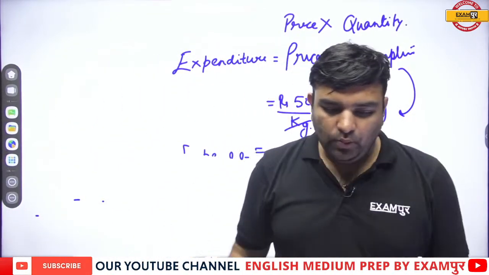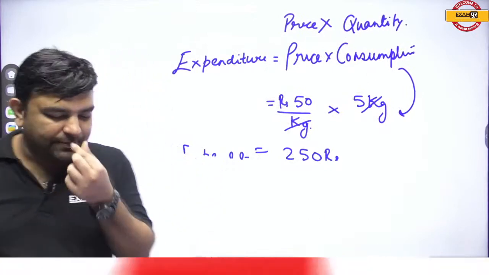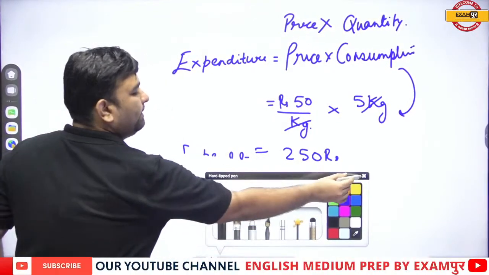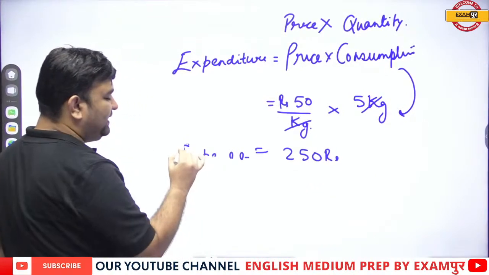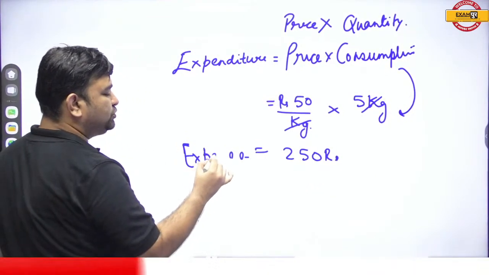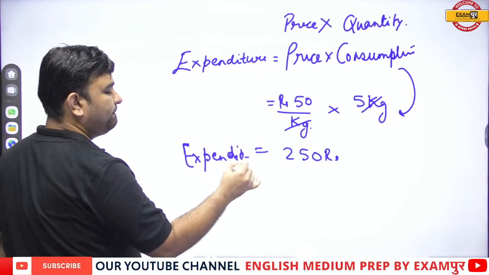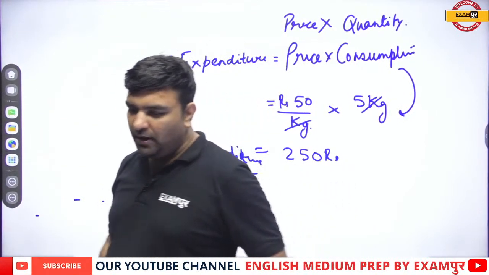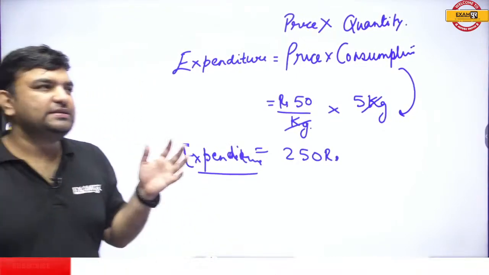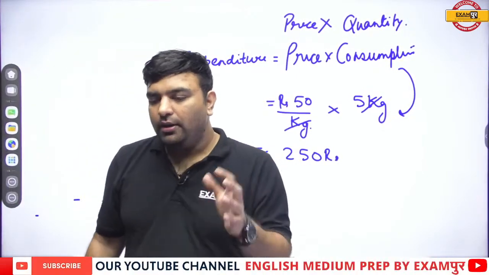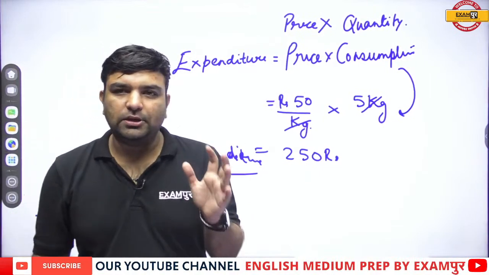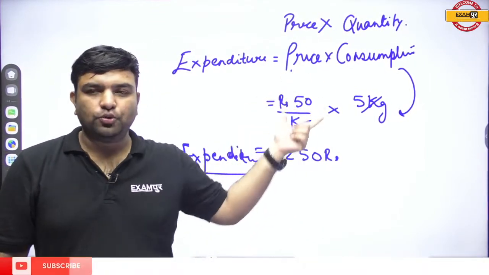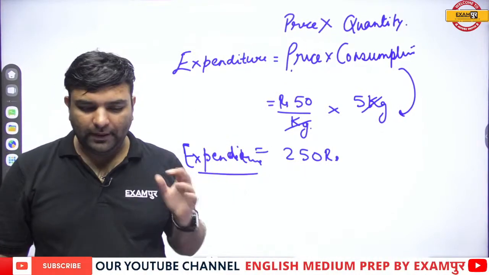So what is the expenditure? 250 is the expenditure. Is this formula clear? I hope so. Expenditure is equal to price into consumption, which you can write as expenditure is equal to price into quantity as well. If you multiply them together, it is going to be the multiplication.